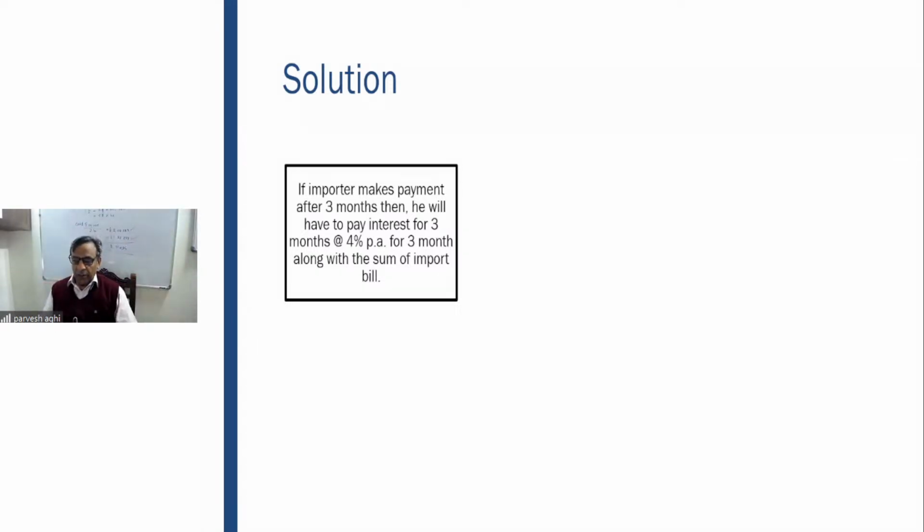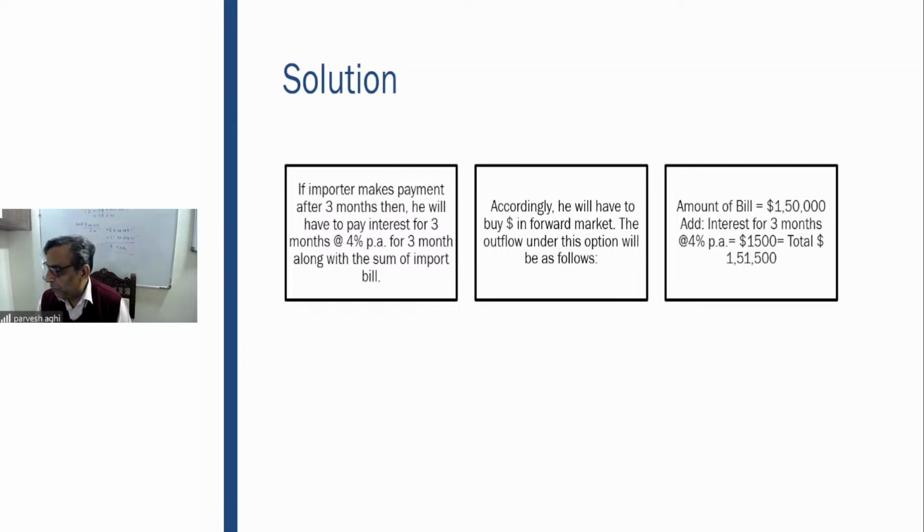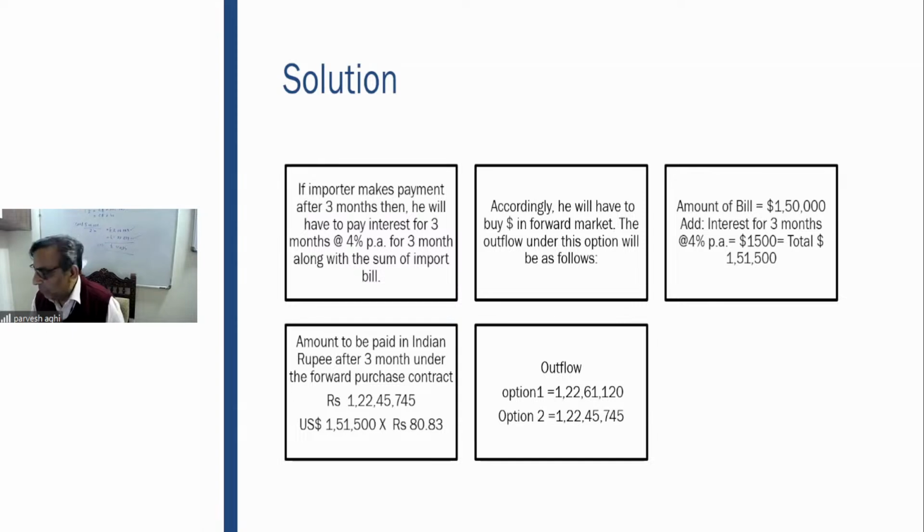So he will have to pay 4% for 3 months. Okay, so that means he has to pay. Yeah, Namrata, you're getting 1 crore 22 lakhs 61,120. Absolutely fine.